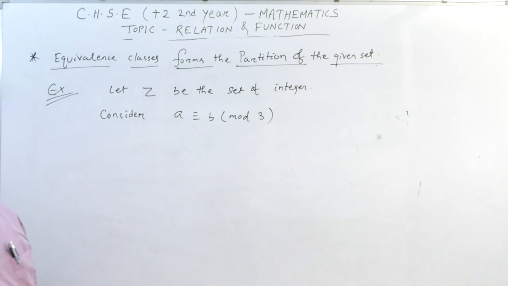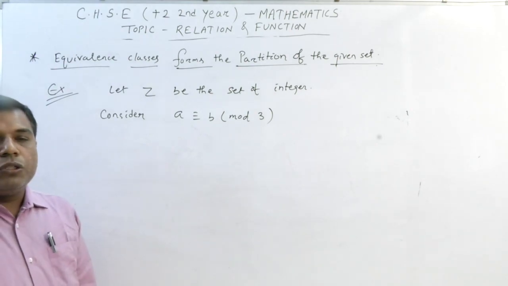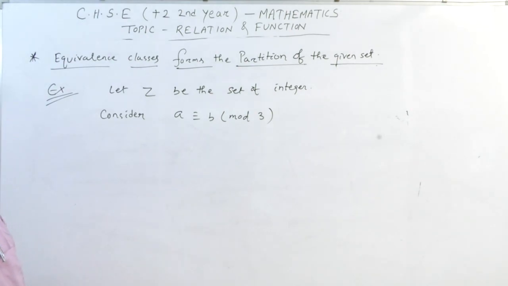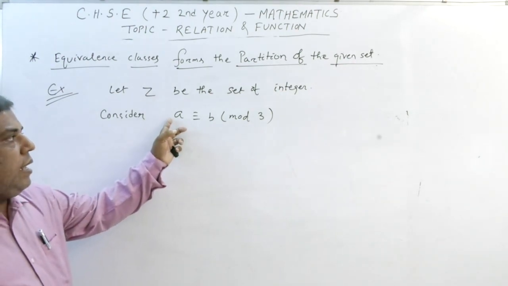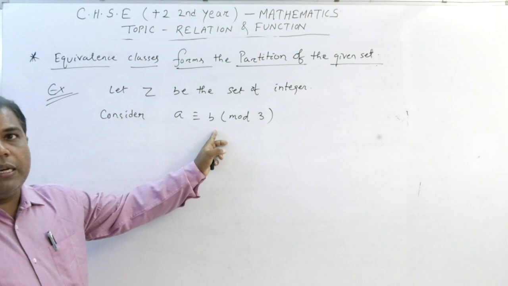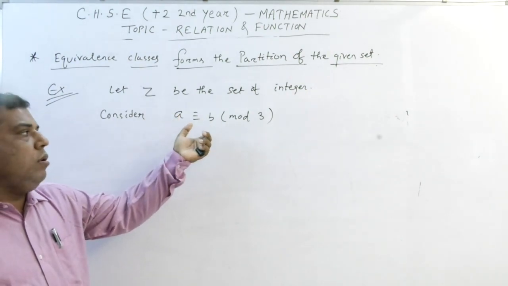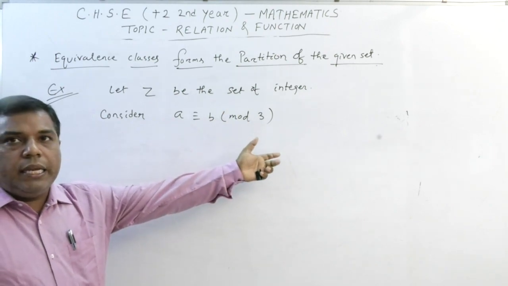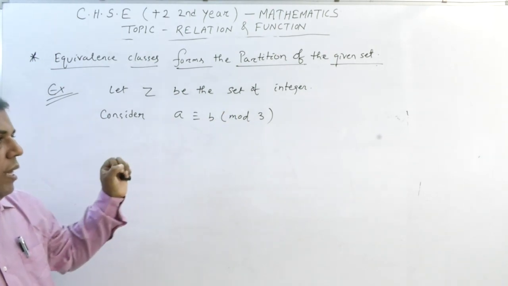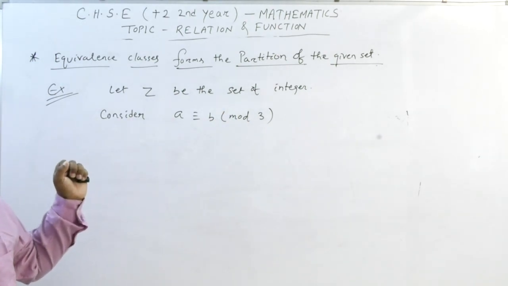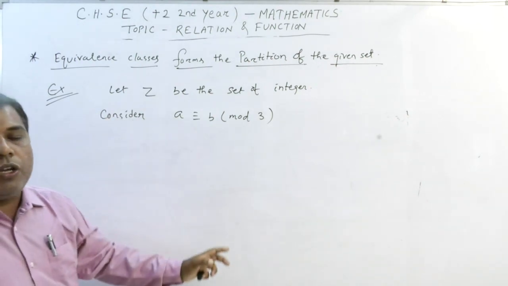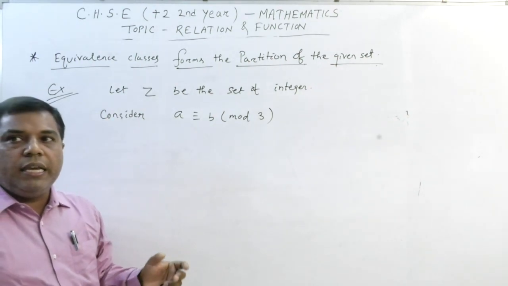A is congruent to b modulo 3 means a is related to those elements where the difference is divisible by 3. Yes or no? So here, how are the equivalence classes obtained and how do the equivalence classes form the partitions?